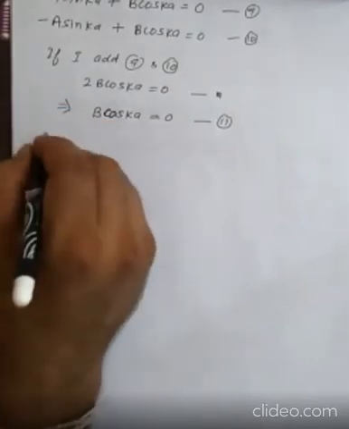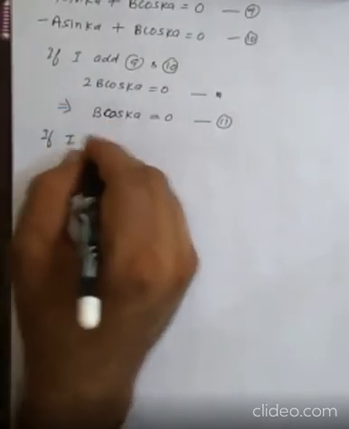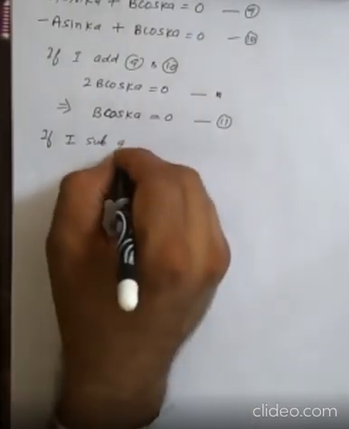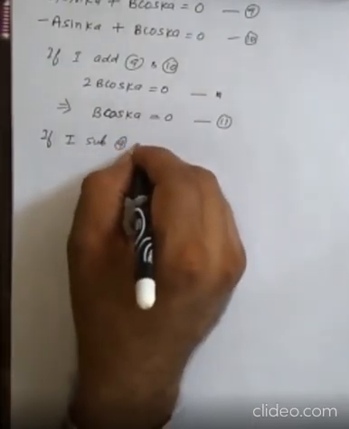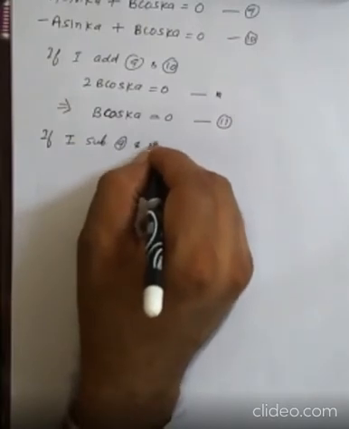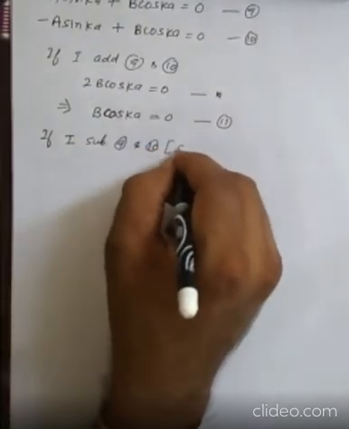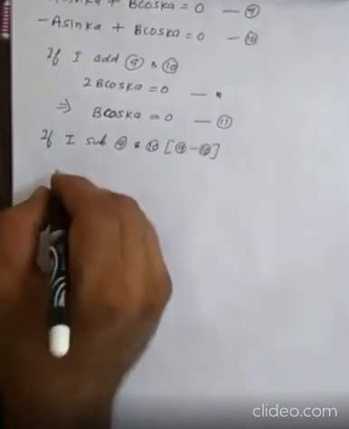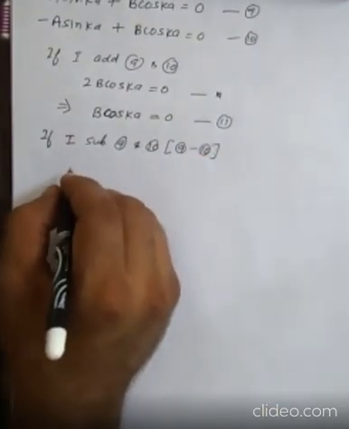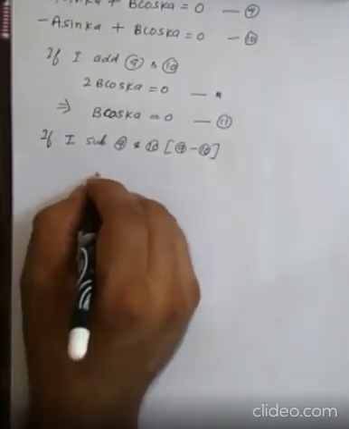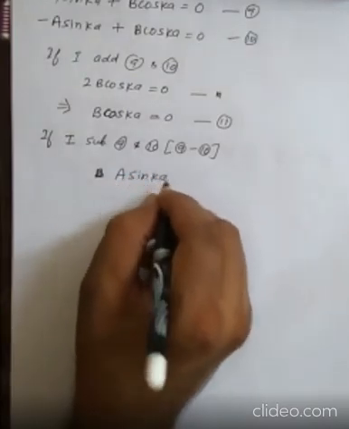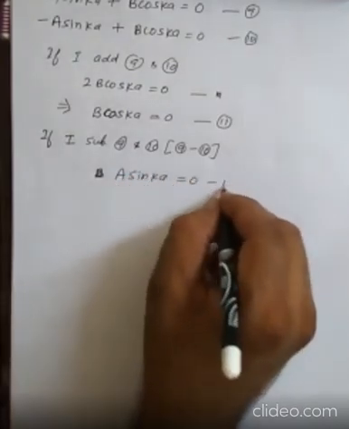And now if I subtract equation 9 from equation 10, I will get A sin ka equal 0.